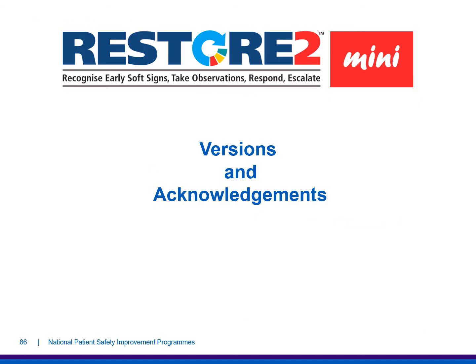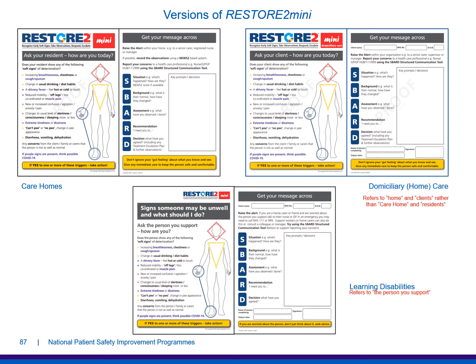Versions and acknowledgements. There are currently 3 different versions of Restore2mini, with more in planning, including the original version for care homes, top left. Top right, there's a version for the domiciliary care settings, which refers to home and clients rather than care homes and residents.